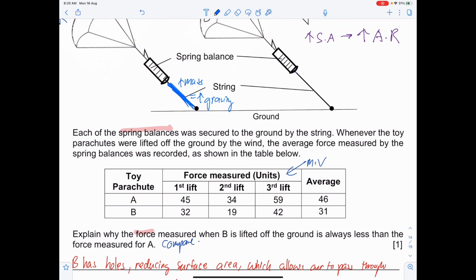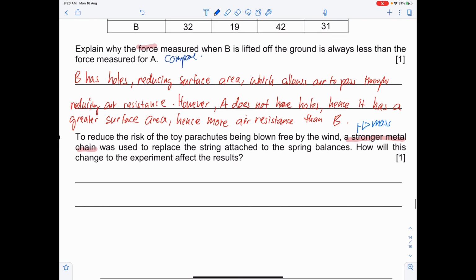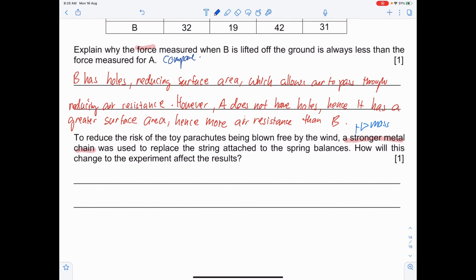So how does it affect the results? Some of you say it will affect the results, but that's already reflected. They're asking you how.